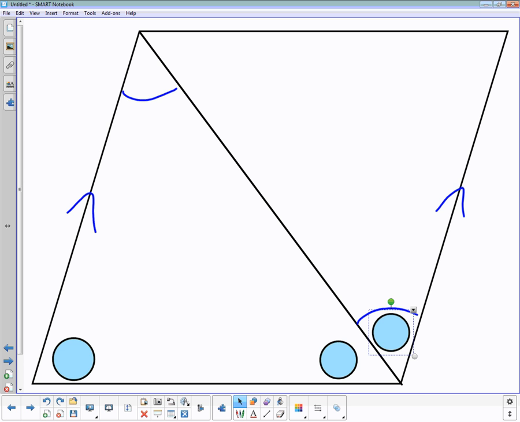This angle right there is the same as that angle. And all three of those angles together make a triangle, right? And the sum of the angles of a triangle is how much? 180. So all of these angles are all related to one another. A lot of things are parallel, a lot of things are congruent, a lot of things are supplementary.